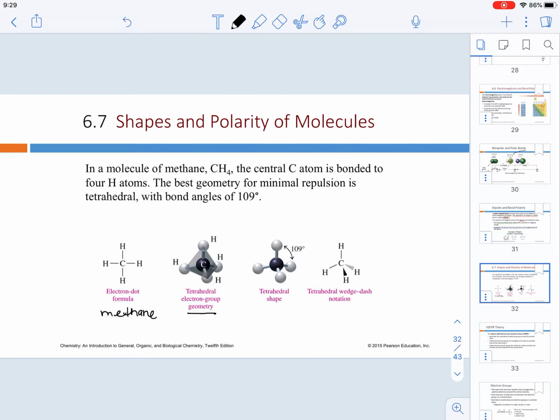It adopts a tetrahedral geometry. It has a tetrahedral shape, which means that the angles in between all those hydrogens, and this is the carbon atom, are going to be 109. And as you can see, the third representation is just how we draw the 3D structure.